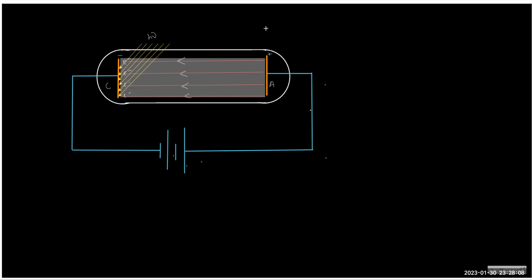Yes, sir. So in such a scenario, if 10 photons hit, let's say quantum efficiency is 80%, then 8 electrons will eject. And they will try to enter the charge space, right? Yes, sir. But to keep the density constant, exactly 8 electrons will be absorbed at the anode plate.